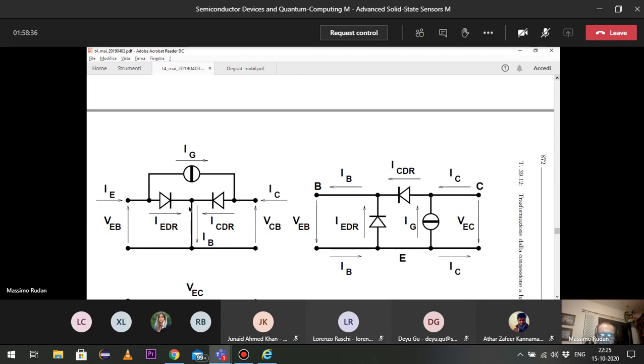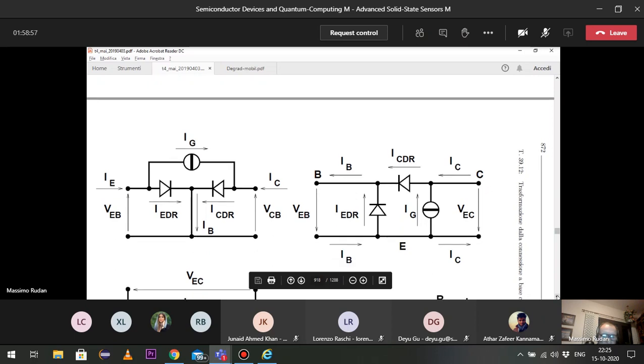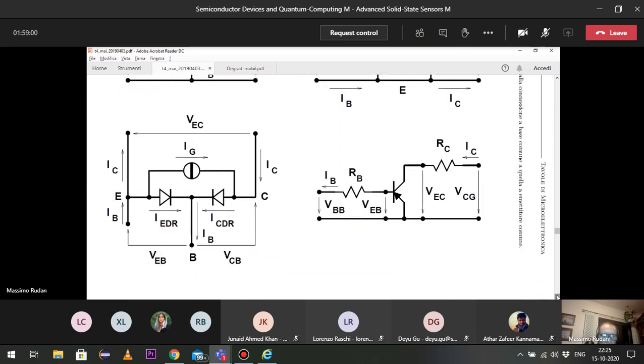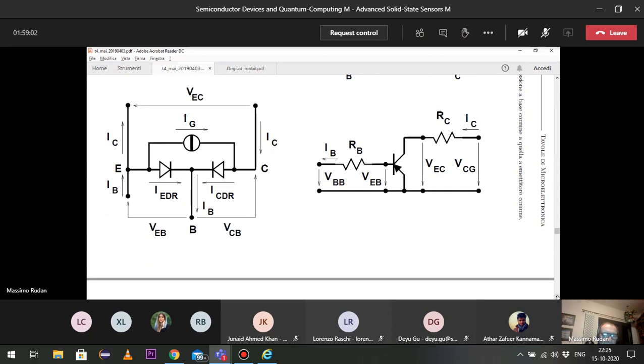You may be accustomed to see the equivalent circuit instead of using the common base configuration. You may be more accustomed to use the common emitter configuration, but this is just a matter of magic on the circuit, okay? You just deform the circuit.